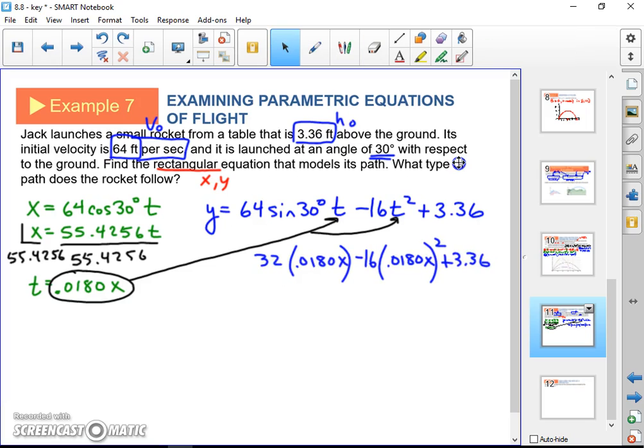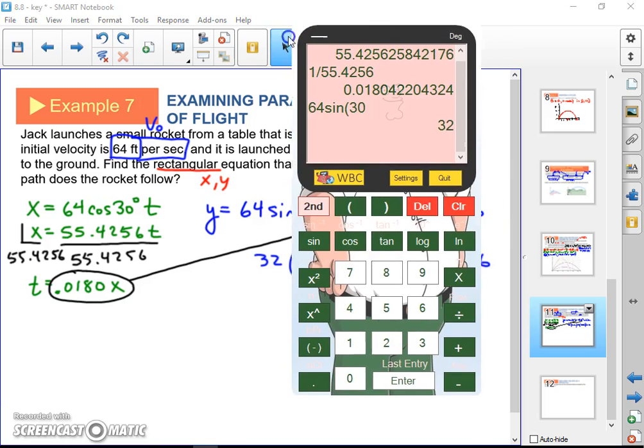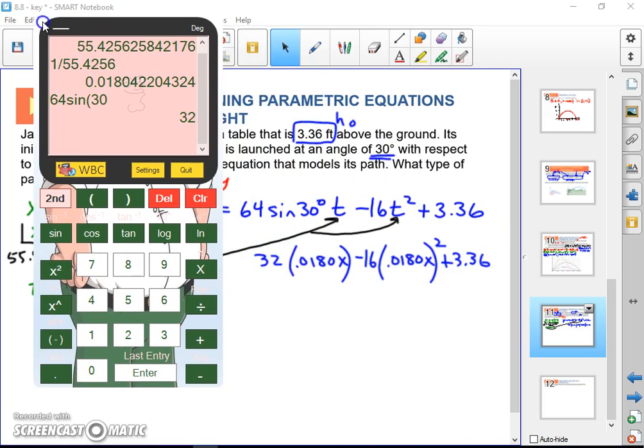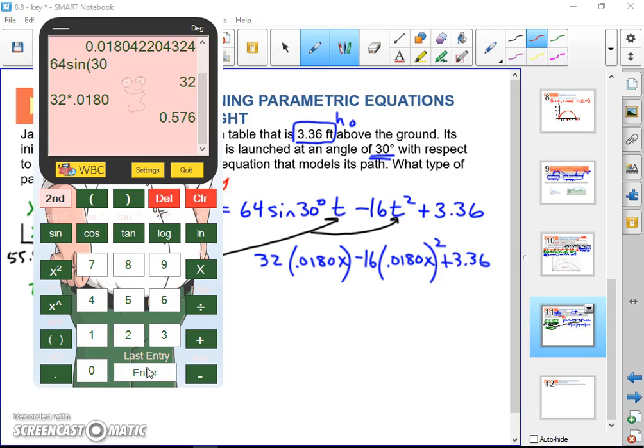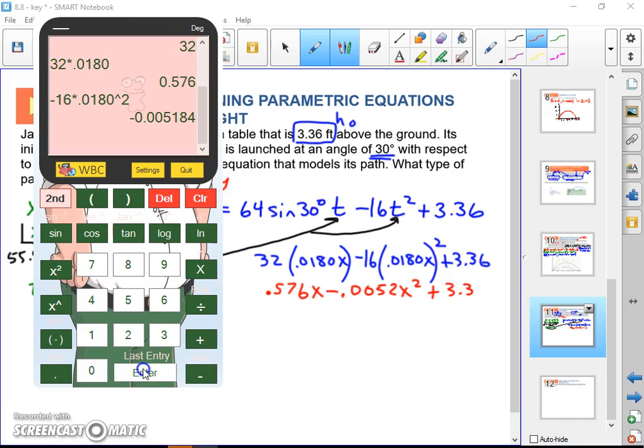Let's clean up just a little bit. I'm going to take 32 times 0.0180, and right here I'd have 0.576x. Then I would have negative 16 times 0.0180 squared, which is minus 0.0052x squared, and then plus 3.36.